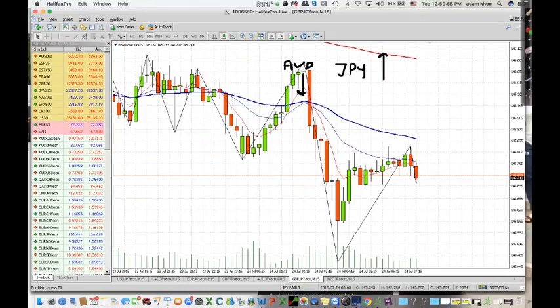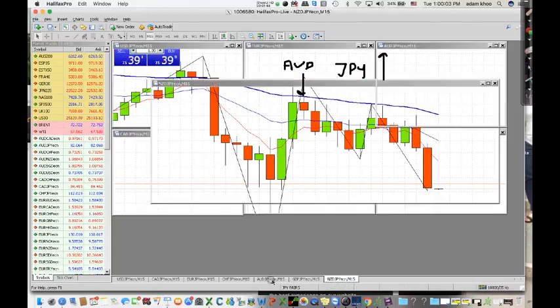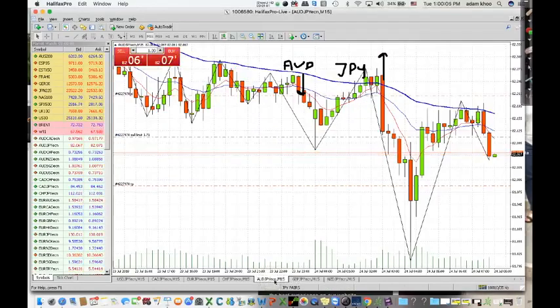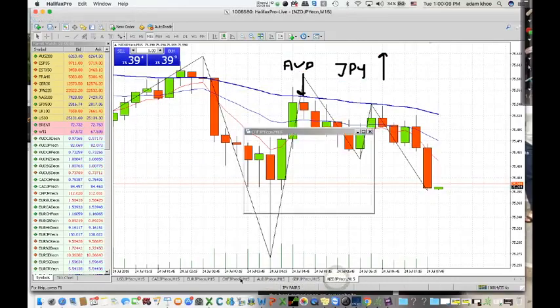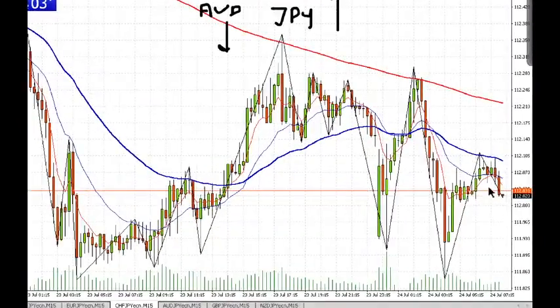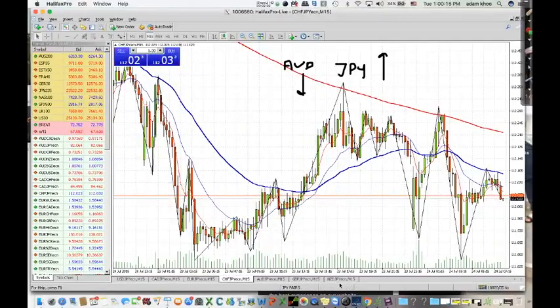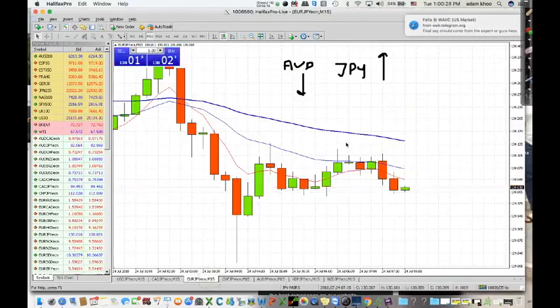That's why pound yen is going down. New Zealand yen is also going down, right? So you can see that there's a correlation between Aussie yen, pound yen, and New Zealand yen. And franc yen is also going down, right? It's also going down. So that gives me more confidence to take the Aussie yen trade because it shows that all the other yen pairs are showing strength in the yen, all right? Euro yen is also going down, as you can see.